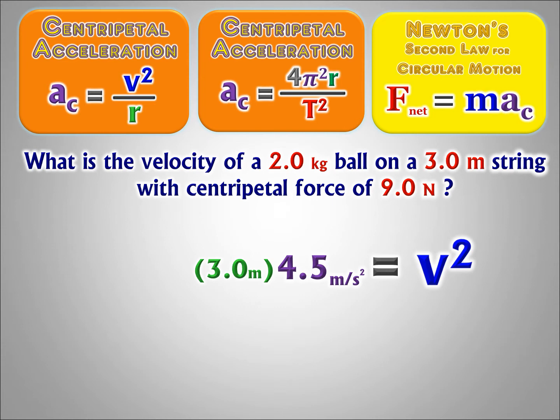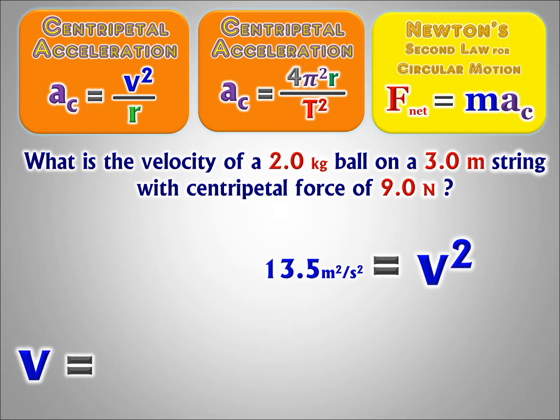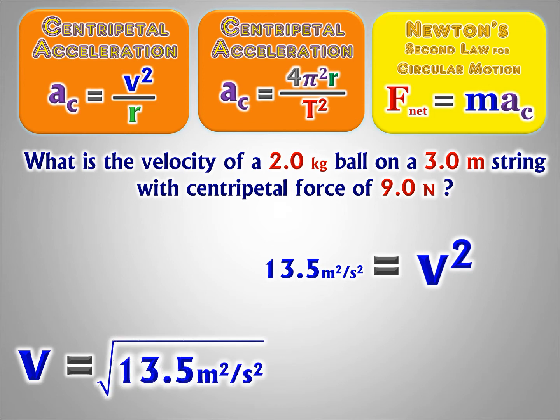Well, then we're going to have units of meters squared per second squared. And 4.5 times 3 is 13.5 meters squared per second squared. Well, that's good because we've got velocity squared. And you obviously are going to need to take a square root to get velocity.